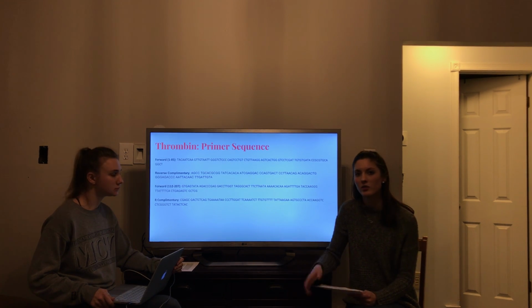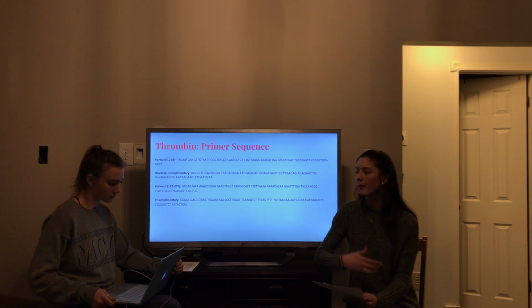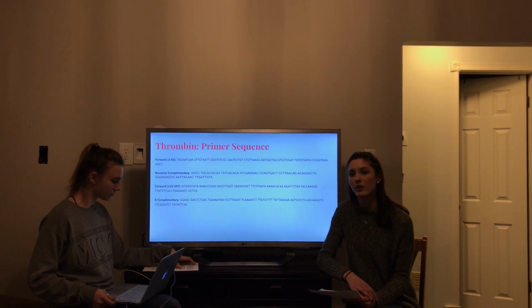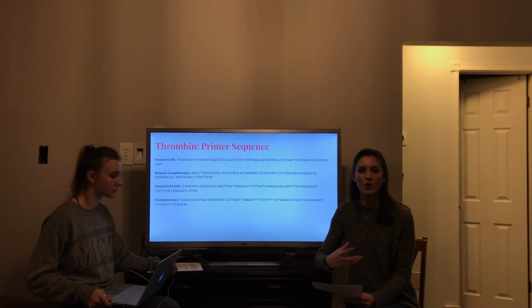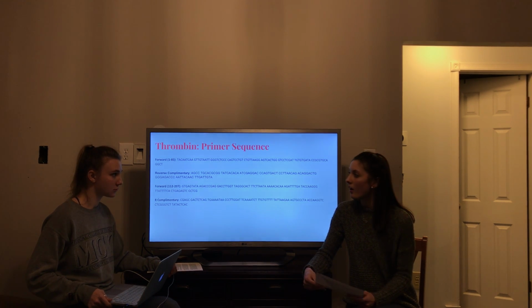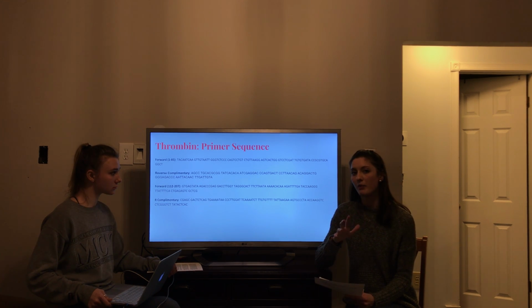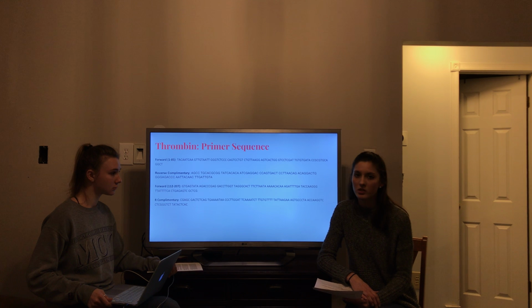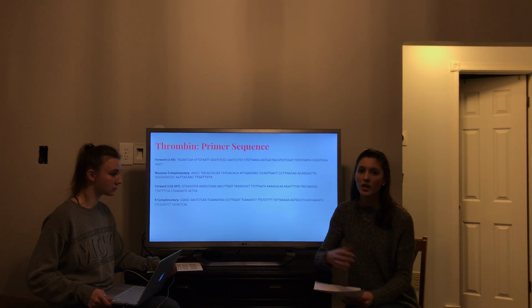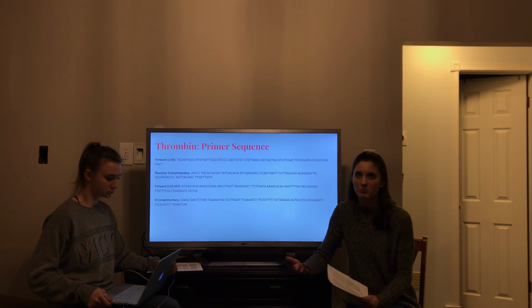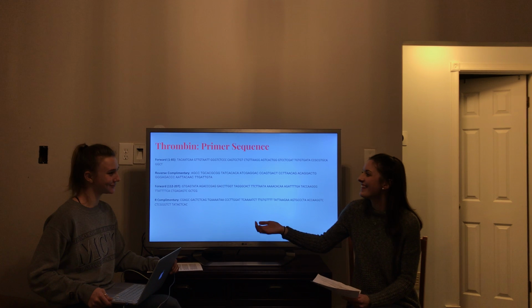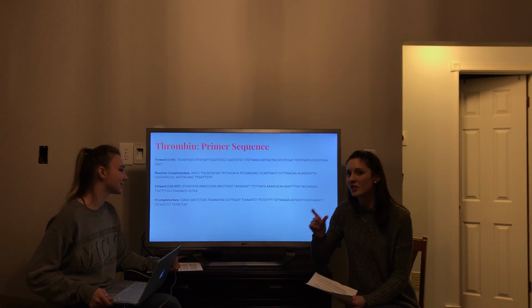So using the sequence that was just on the screen, you can create a primer sequence for qPCR, which is just a way of experimentally, in the lab, amplifying a gene of interest. So you can create the forward and the reverse complement primers so that when you put them into your qPCR mix with your DNA, you can double up on that little region of the gene.